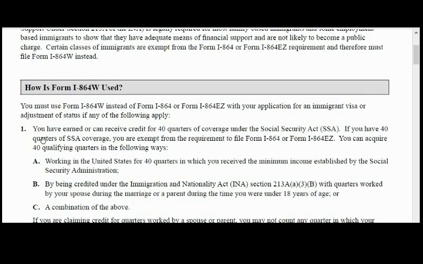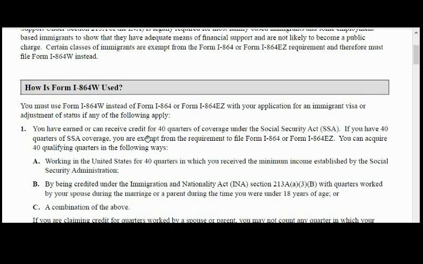If you are somebody who has earned or can receive credit for 40 quarters of coverage under the Social Security Act, if you have 40 quarters of Social Security Act coverage, you are exempt from the requirement to file form I-864 or form I-864EZ. You can acquire 40 qualifying quarters in the following ways.